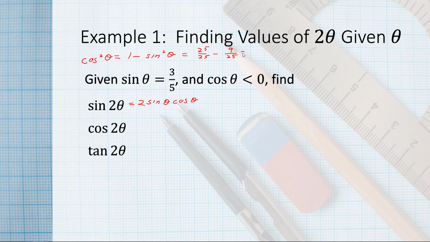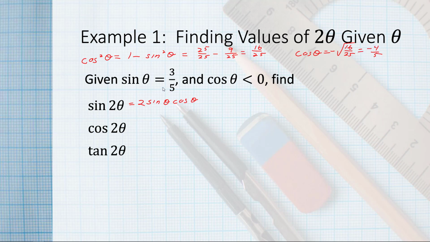And if we simplify that, we are going to have that cosine squared theta is equal to 16 over 25. Therefore, cosine of theta is going to be, since it's negative, the negative square root of 16 over 25, or negative 4/5.